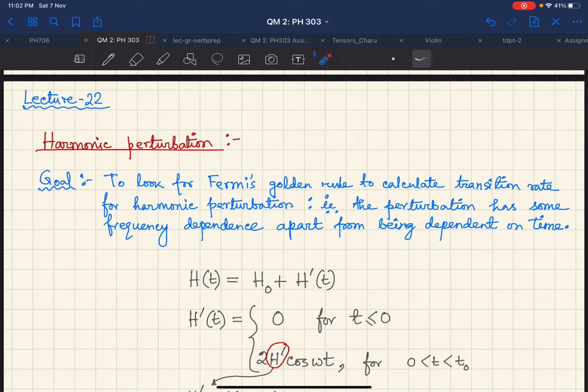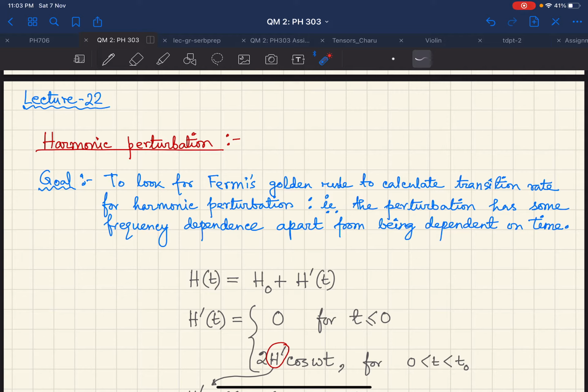But here, from the very beginning, we say that this H0 is already known, but H prime has a time dependence which is harmonic. So our total Hamiltonian, which we denote by H as a function of t, is a combination of H naught plus H prime, where H prime of t has this particular form, 2H prime cosine omega t, and this is true for a range which is this, that means the time which lies between 0 and t0.